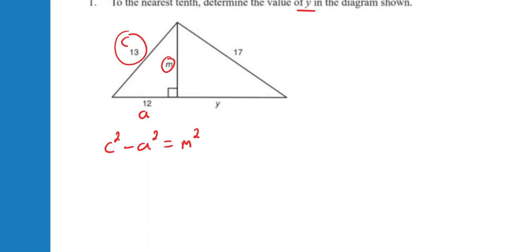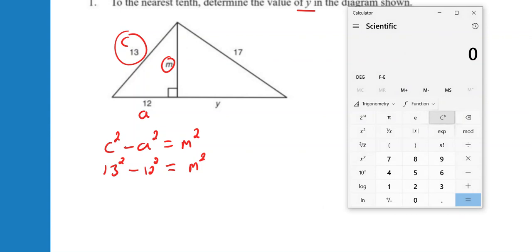Okay, so let's fill that in. So c squared would be 13 squared minus 12 squared is equal to m squared. Okay, so I'll put that in. So we've got 13 squared plus 12 squared.